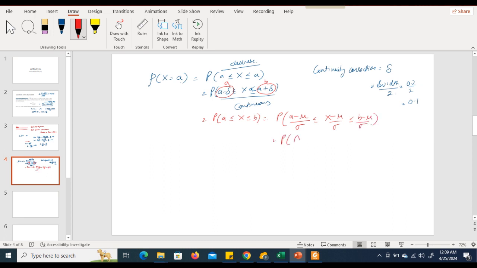If we denote these as capital A and capital B, then using the cumulative distribution function, the probability is F of B minus F of A, because the CDF F of x is the probability that X is less than or equal to x. The explanation of this we have already discussed in our previous activity; I am just reminding you.